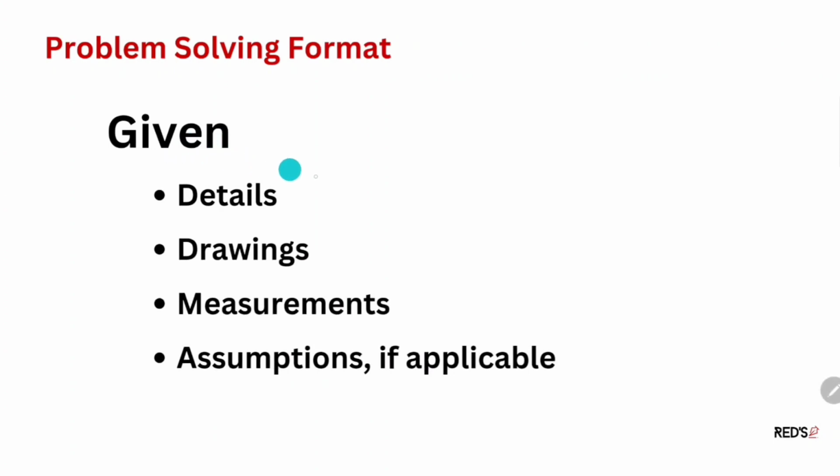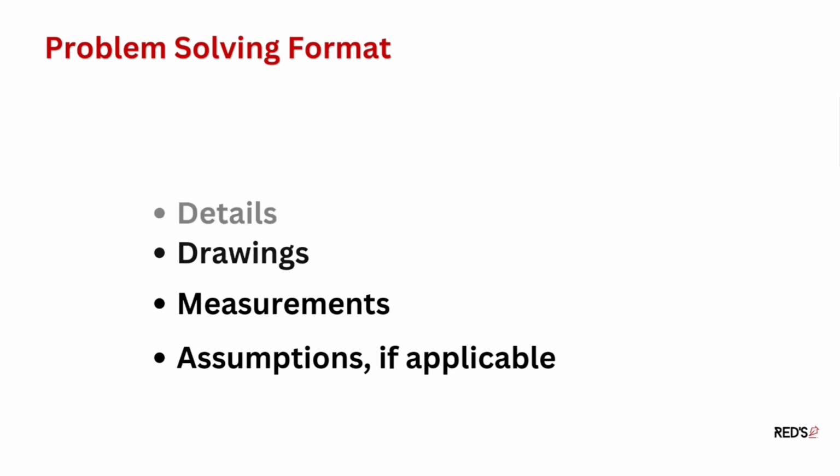So the given will give us what really the problem is showing us, or what are the things that are obvious in the problem. So there can be drawings, there can be measurements or assumptions if applicable, shapes or angles, lines. What else are there? So given are essentially the things that you know about the problem.